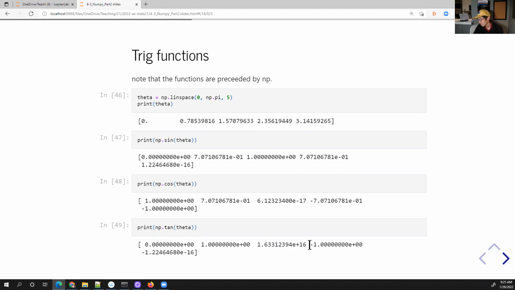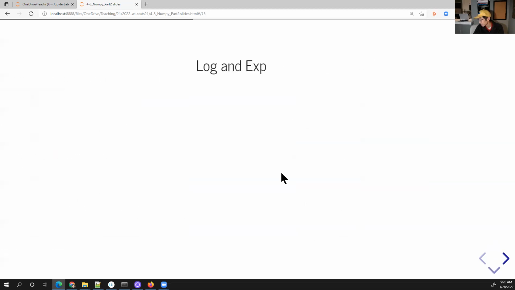It shoots up, and then we get negative 1, and then something close to 0 as well. So again, not quite infinity, which would be the theoretical value of tangent. Depending on whether you are approaching from the left or right, it shoots off to positive and negative infinity right around pi over 2.